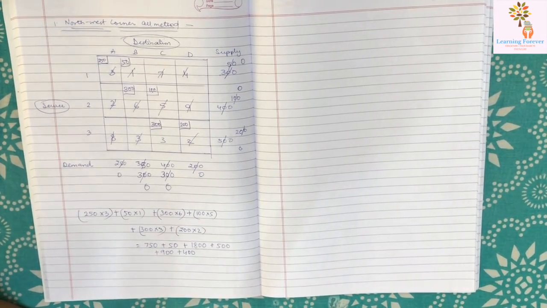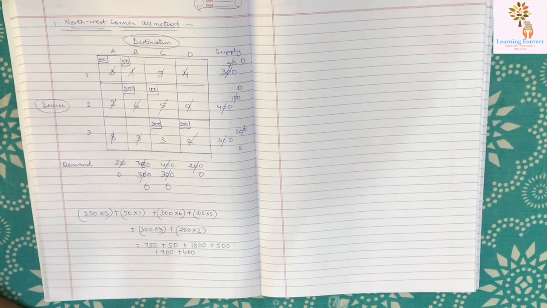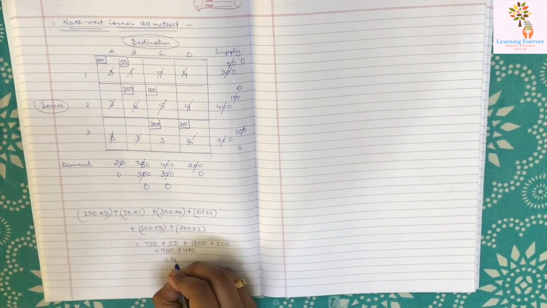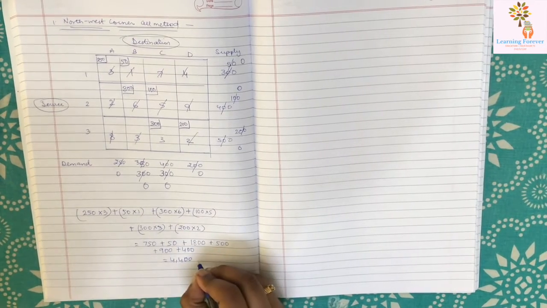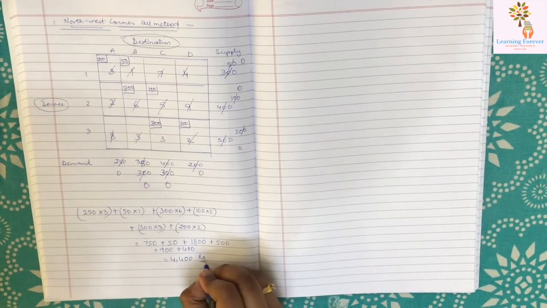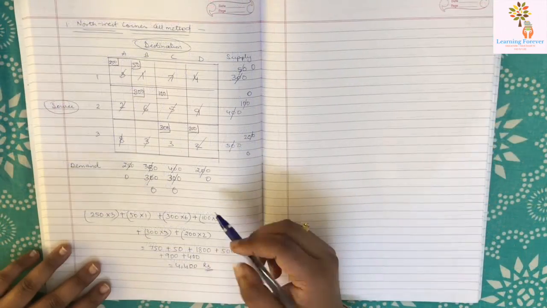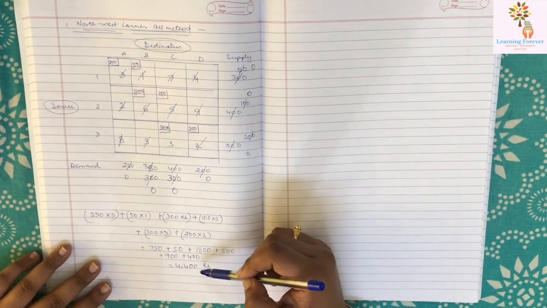We need to add all of this. Once we add, we will get the total cost, which is 4,400 rupees. So we have got the answer of 4,400.